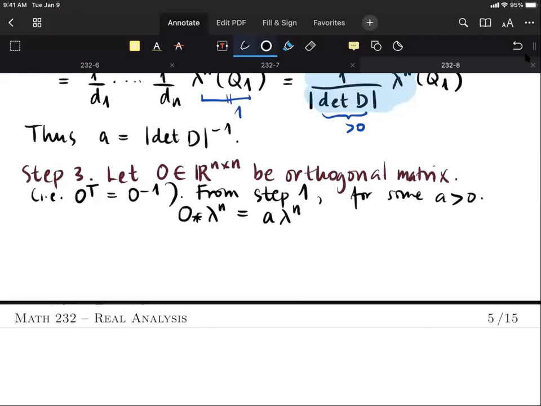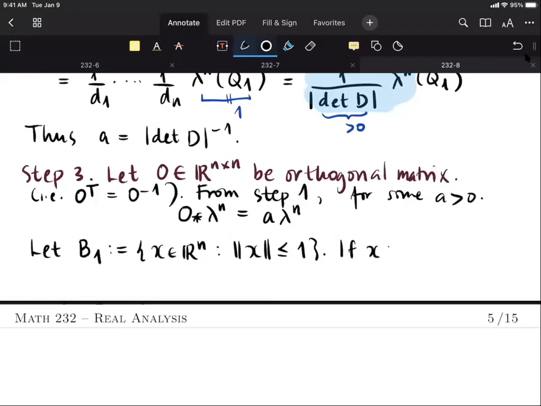For an orthogonal matrix, the unit ball is left invariant. So first, let us denote B sub 1 to be the closed ball in Rn.